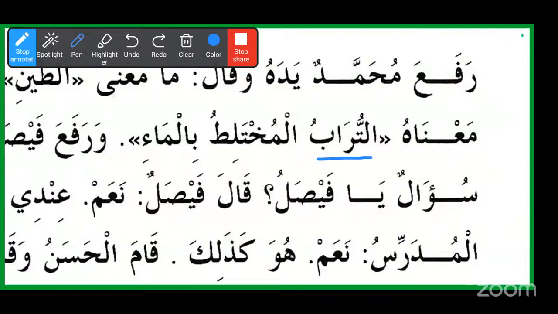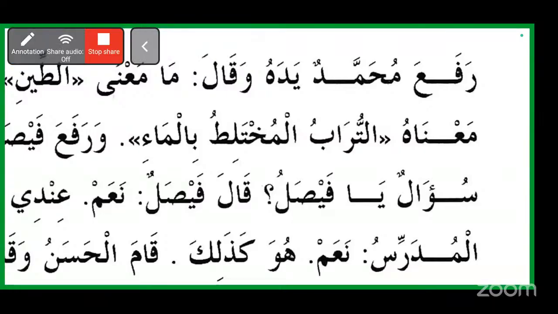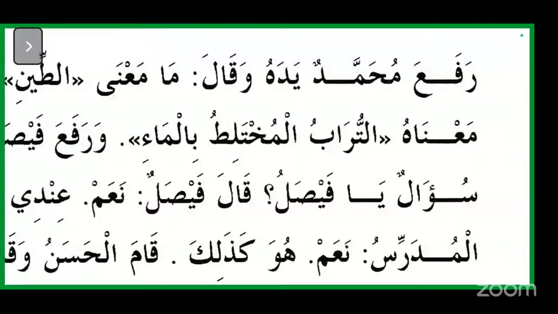Turab means clay. Yes, clay. المختلط mixed, mixed with the water. Clay mixed with water. So the teacher explains the meaning of it, معناه, the meaning of it.